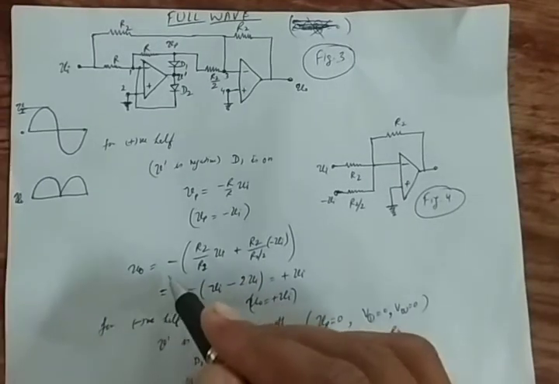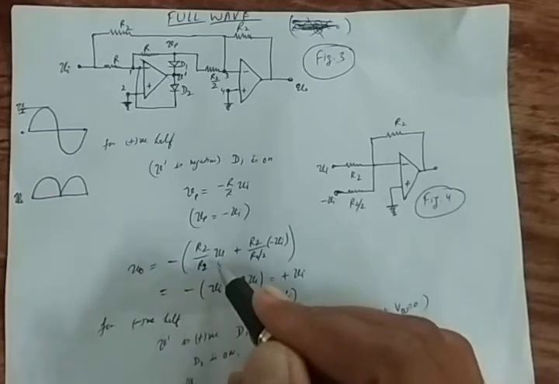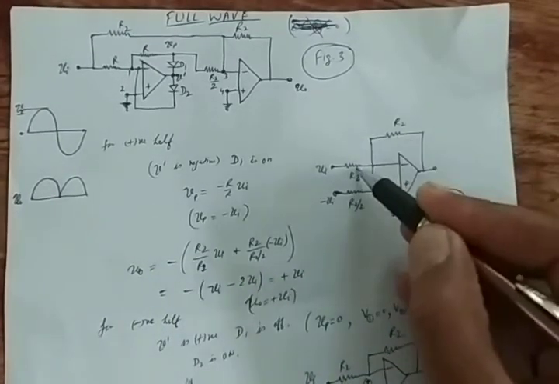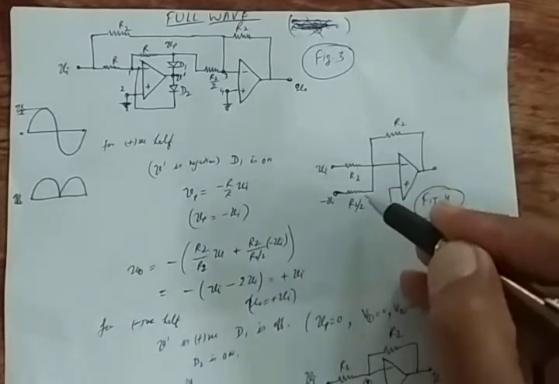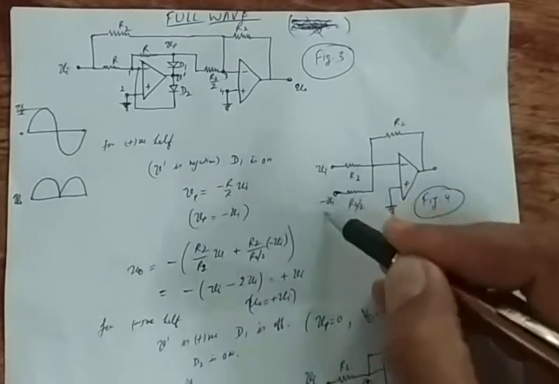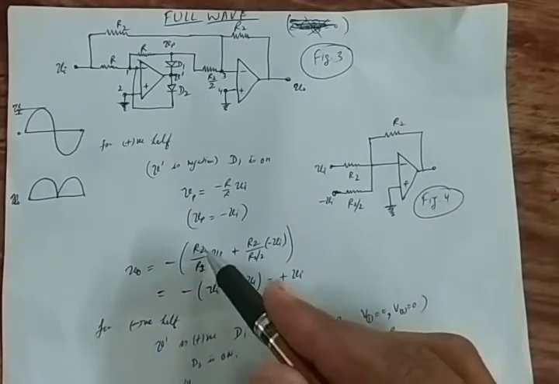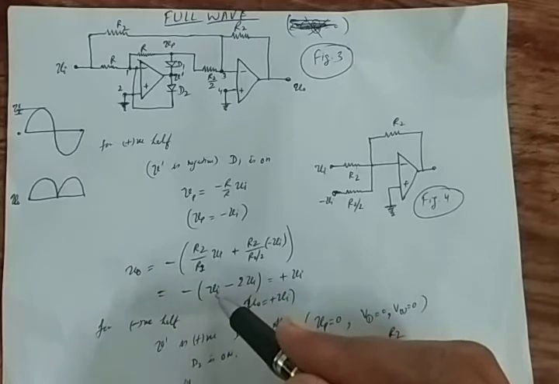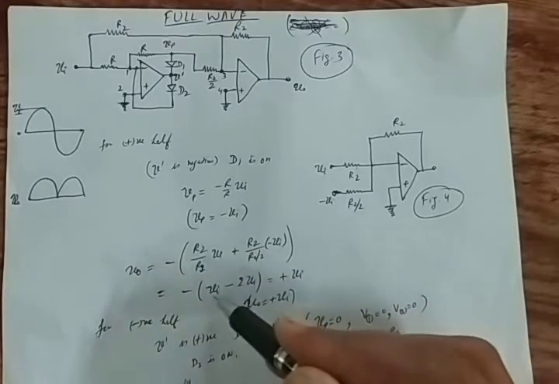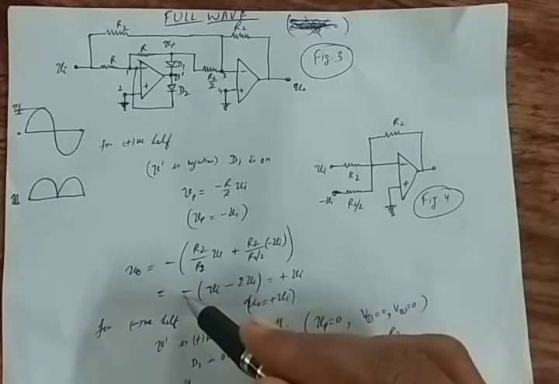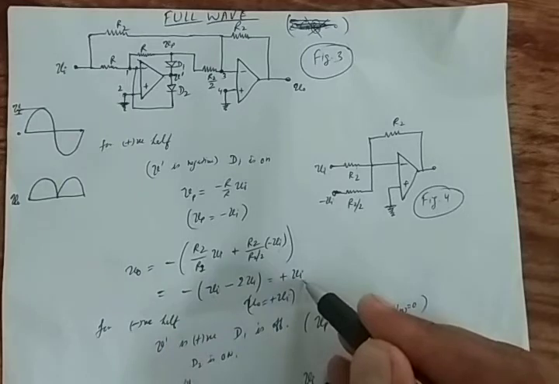Then V0 is equal to minus of R2 by R2 into Vi plus R2 by 2 into this minus Vi. Simplifying, this will become Vi, this will become minus 2 Vi. So the resultant is minus Vi, and again here is also minus, so it will be plus Vi.